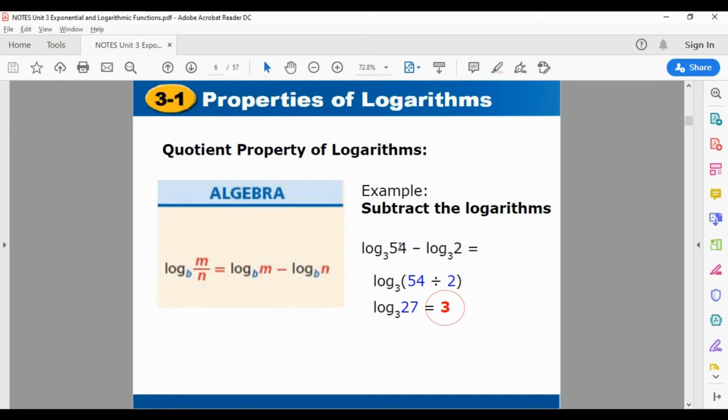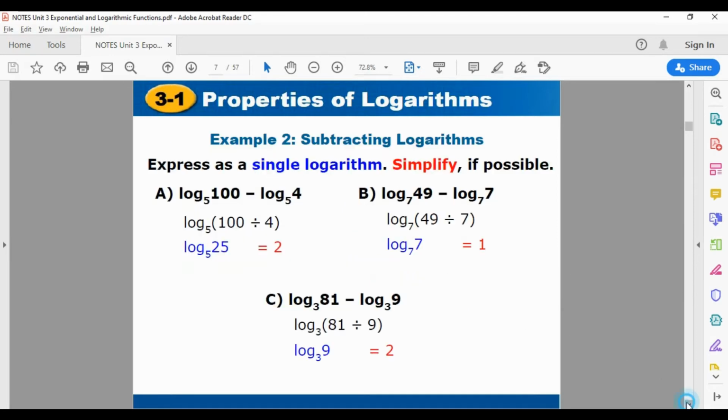We're going to reverse this property. I have the subtraction of two logs with the same base, so that gives me 54 divided by 2, which are the two different independent values. 54 divided by 2 is 27. Log base 3 of 27 is going to be 3, because 3 cubed is 27.